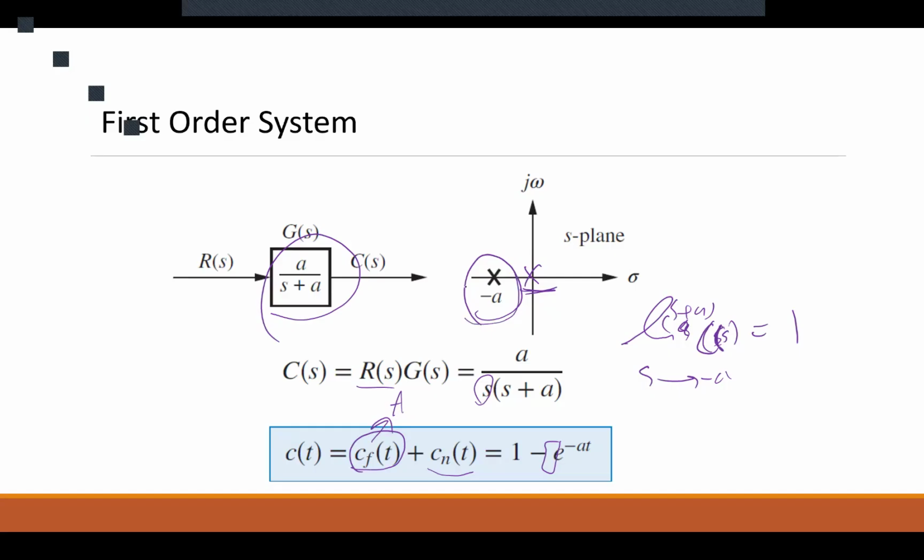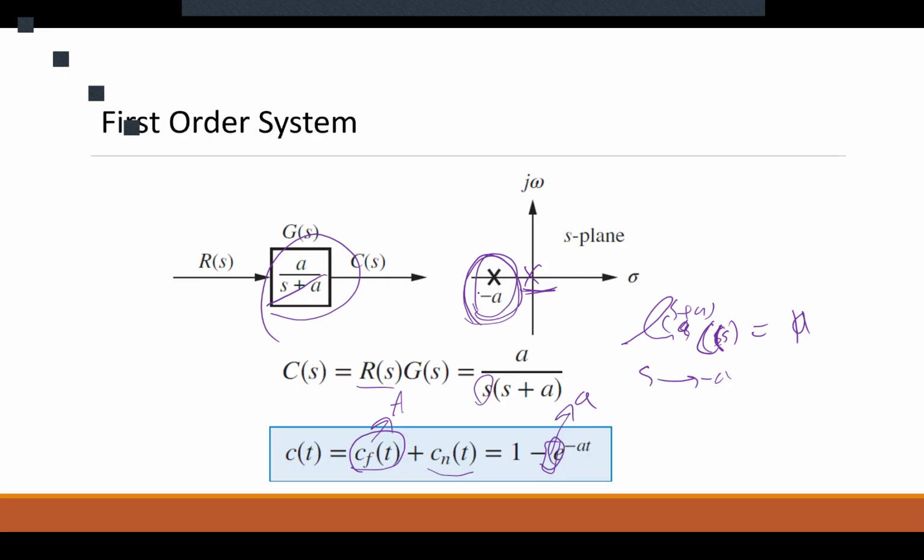What is the coefficient of e to the power of minus at? It's the limit of s plus a times C(s). So it's going to be a, s plus a, cancel the denominator. So it's not going to be 1. It's going to be A. Are we good? Did you see what I did here? This is the coefficient related to the pole minus a.